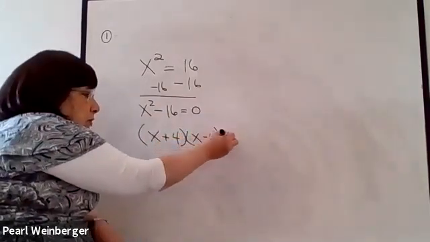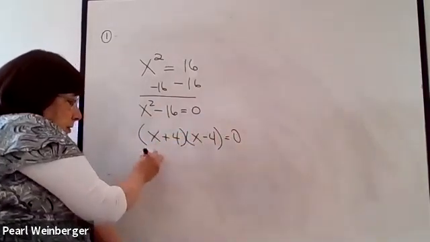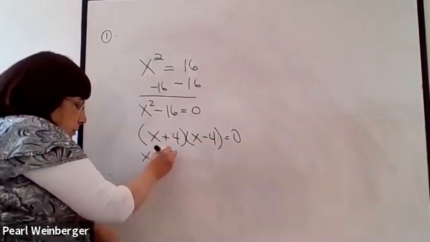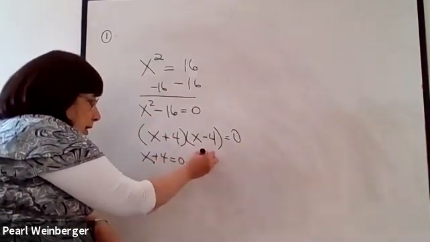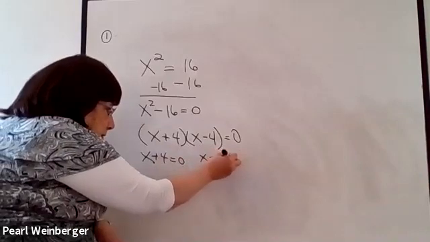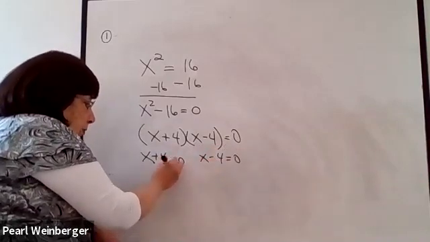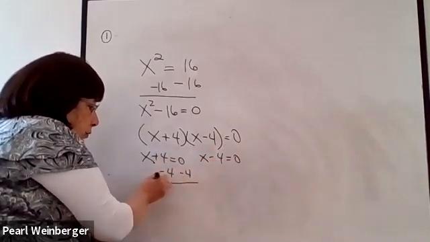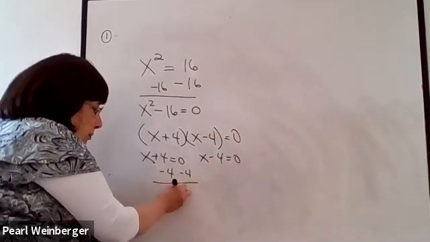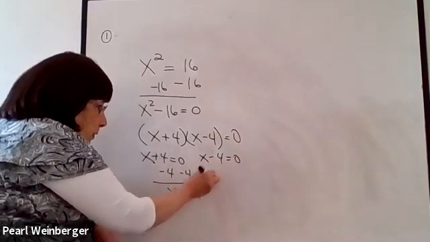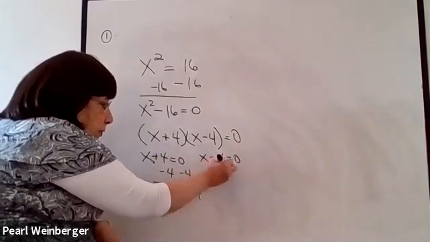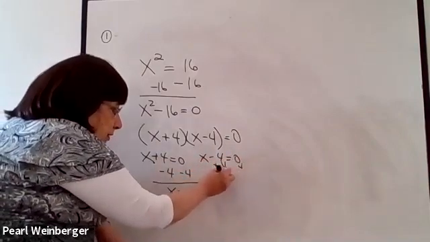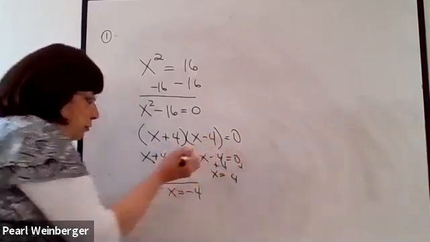And then you set each of them separately equal to 0, x plus 4 equal to 0, and x minus 4 equal to 0. When you bring the 4 over, you get one answer is x equals negative 4. And here, if you add 4 to both sides, you get x equal to positive 4.